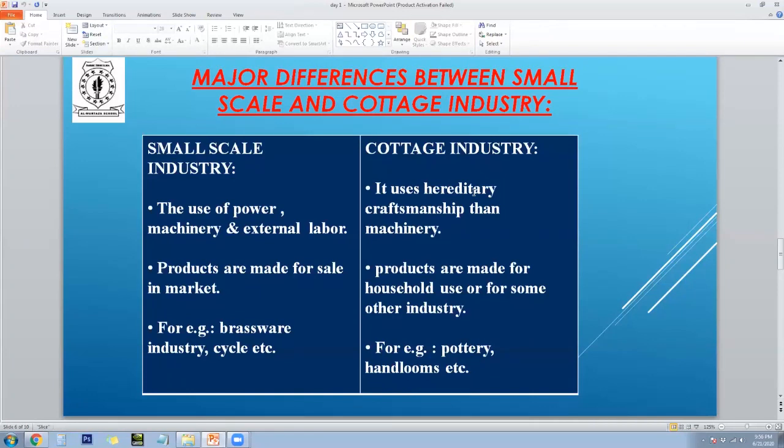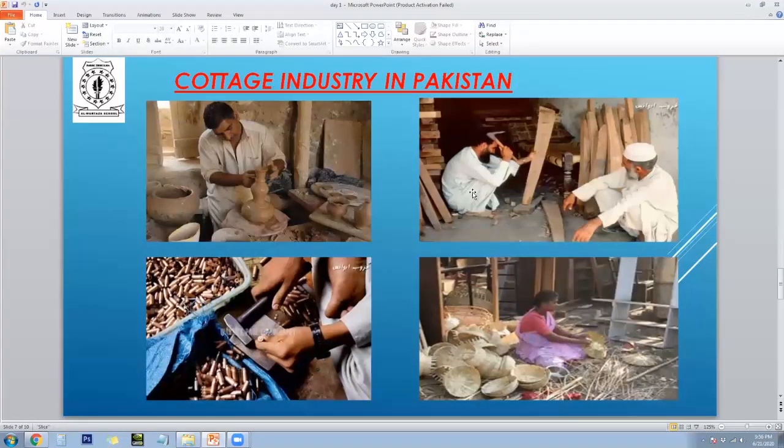And let's quickly see it in the form of pictures. Now here are the pictures. You can look at the potter. He's making an earthen pot here. He's a carpenter here. These baskets are being made by a woman here.